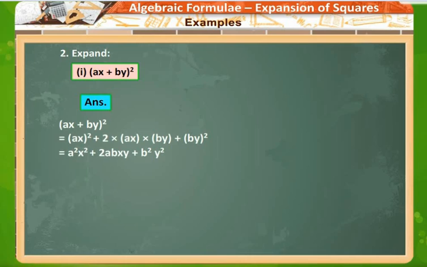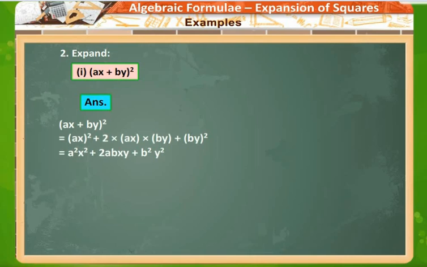So now expanding ax plus by: ax the whole square plus 2 into ax into by plus by the whole square. Now ax the whole square is going to be a square x square. In ax the whole square, the square is for a as well as x. So a square x square plus 2abxy plus b square y square.